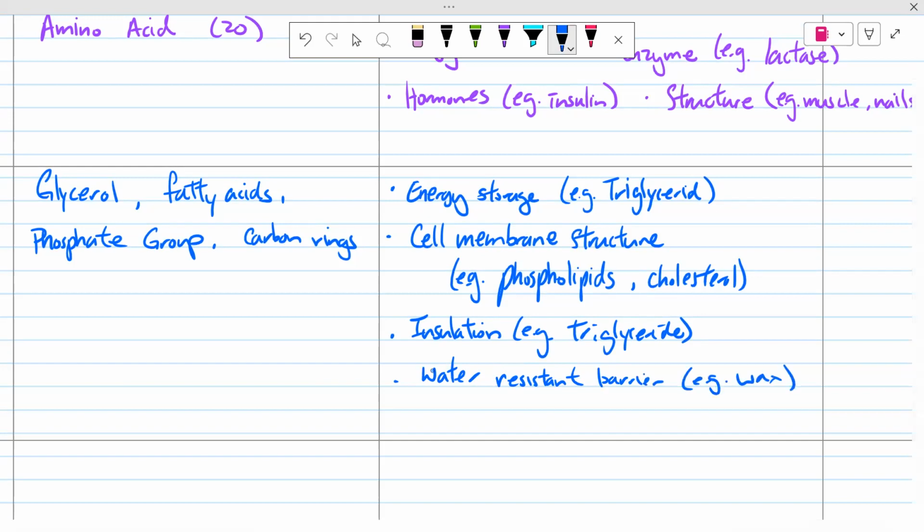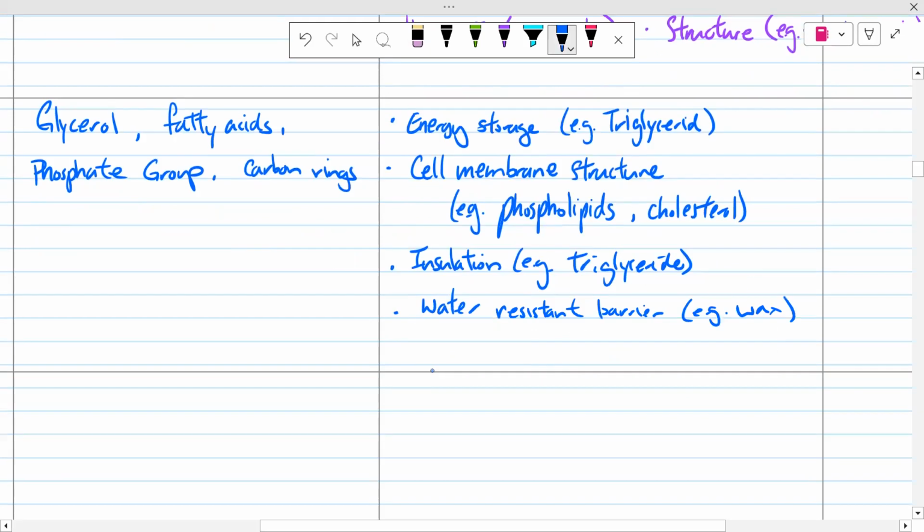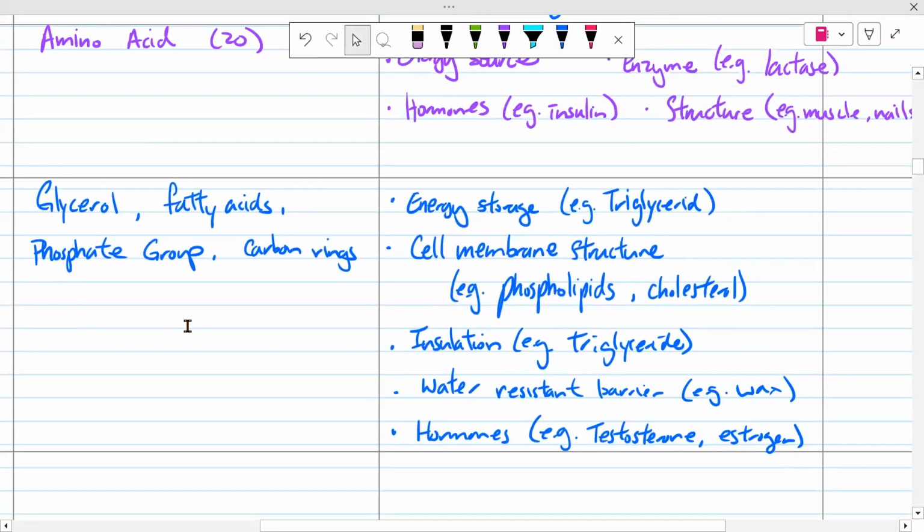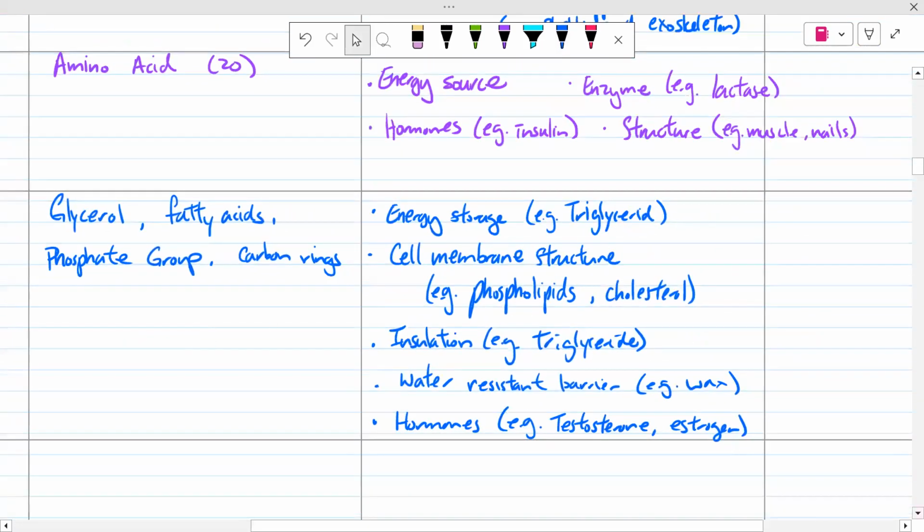Okay, there is one I really want to have. Hormones, that's right. I don't know if I gave you any. Oh, I did, yeah. Like testosterone, right? Like estrogen. Okay. Now I want to point this out to you in case you didn't clue in.